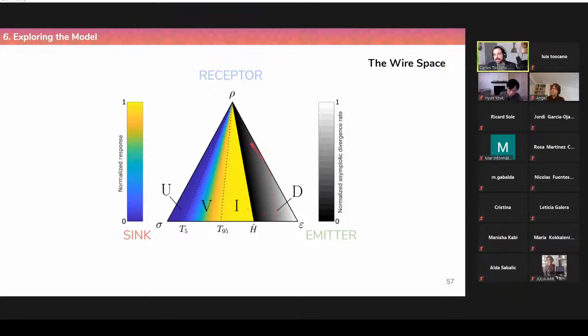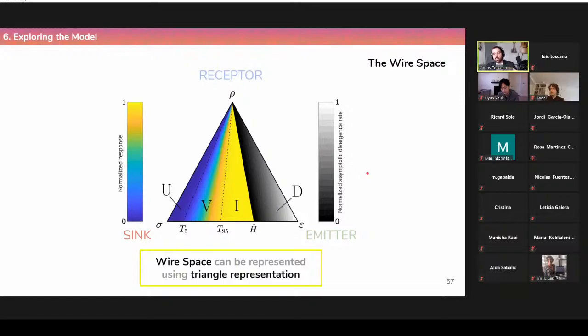Also, we know that in the divergence region, because the biobit will keep increasing, at some point our receptor will be fully induced. So here we care more about the asymptotic divergence rate. And because a culture entirely composed of emitter strain and fully induced will have a maximum divergence rate, we can normalize any divergence rate by that amount and get, again, a value between 0 and 1.